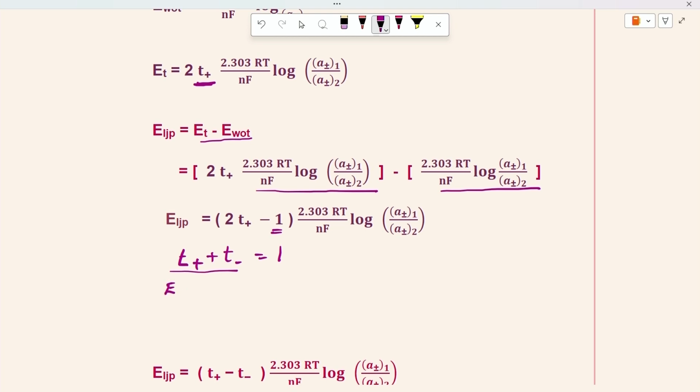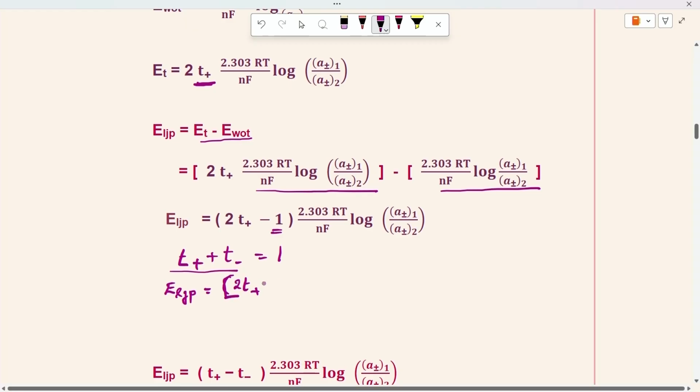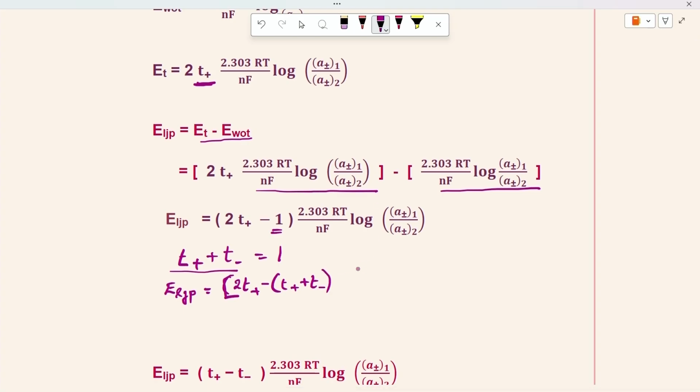So, ELJP is equal to square bracket 2T plus minus T plus minus T minus, the rest is 2.303 RT by NF log mean ionic activity of 1 divided by mean ionic activity of 2, the whole thing in log.